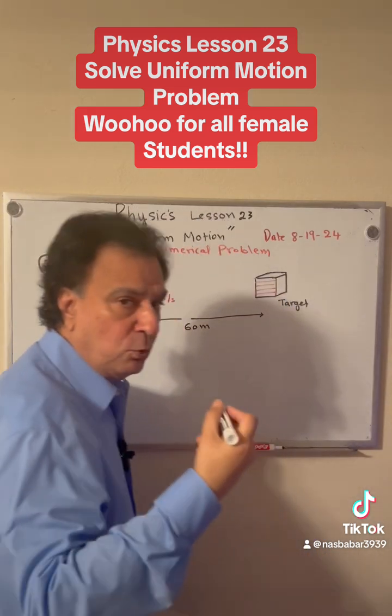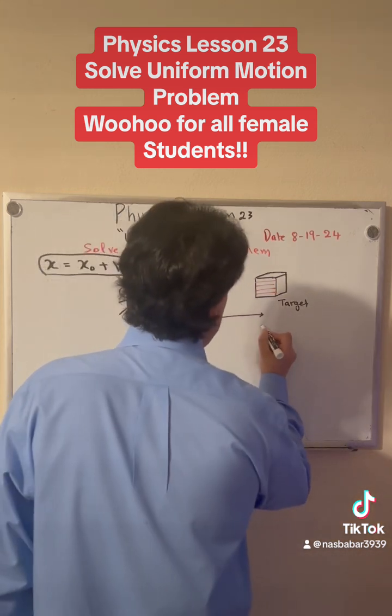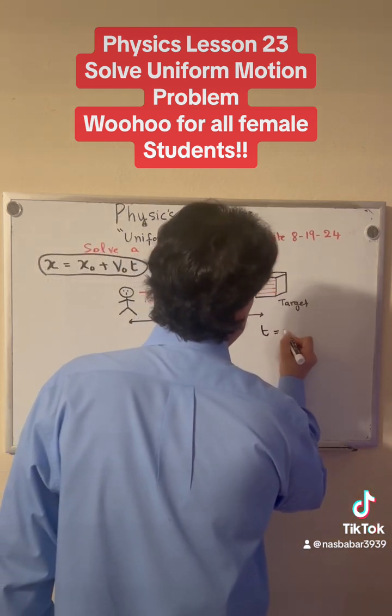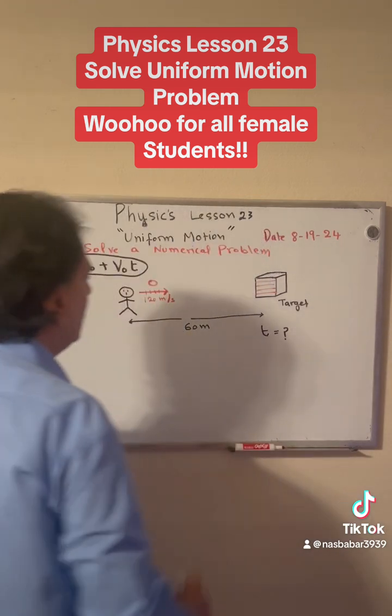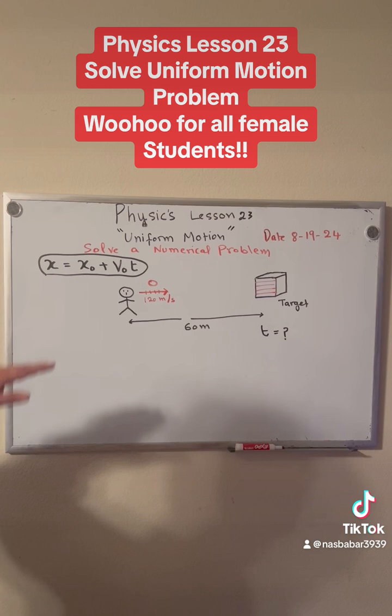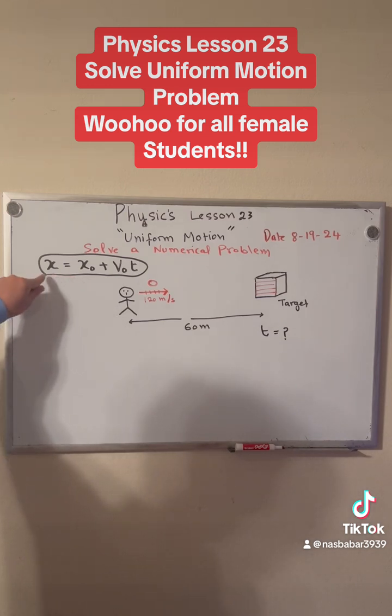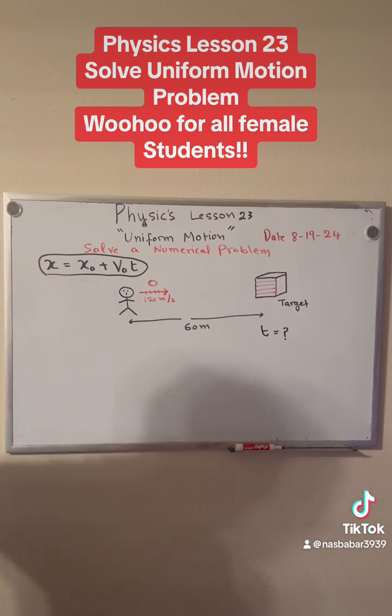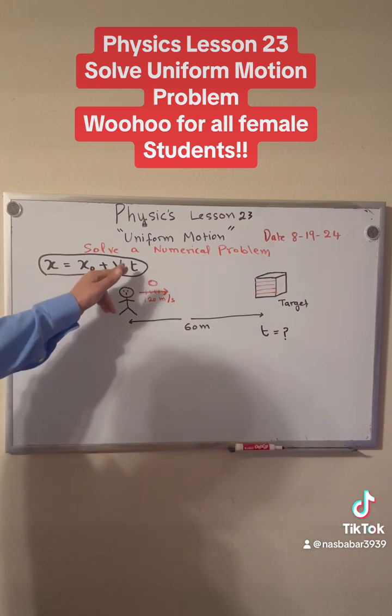So what do we have to find out? Time it takes. Now my question to you is, you'll have to look at this formula right here, which I introduced in my last section, and basically find t from here.